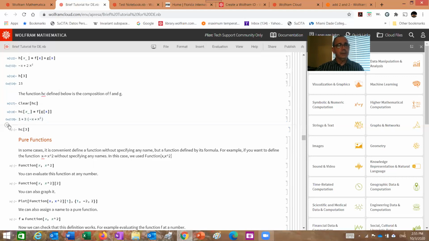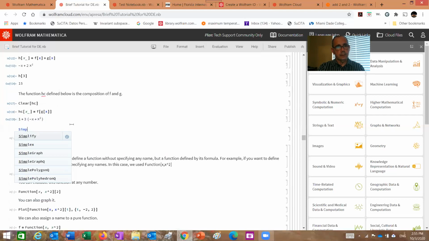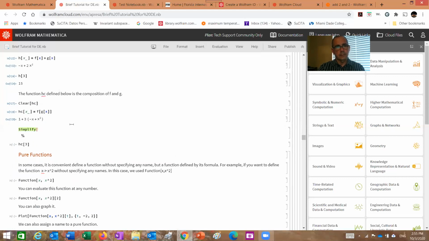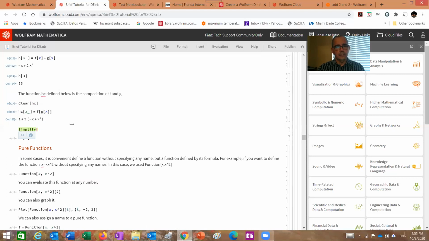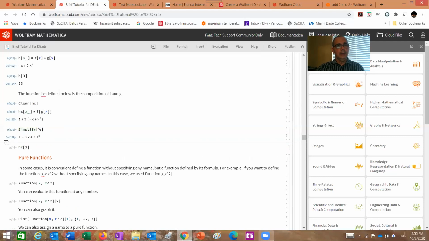If you want to simplify, you can simplify that expression by doing what? By doing simplify of the last output, and the last output is represented by %. So type %, close the bracket, and then press shift enter, and it gives the simplification of that expression.